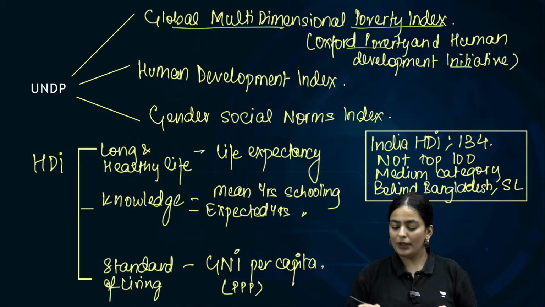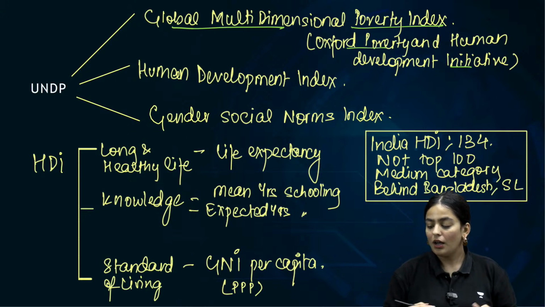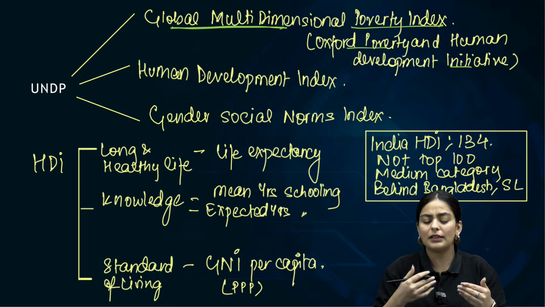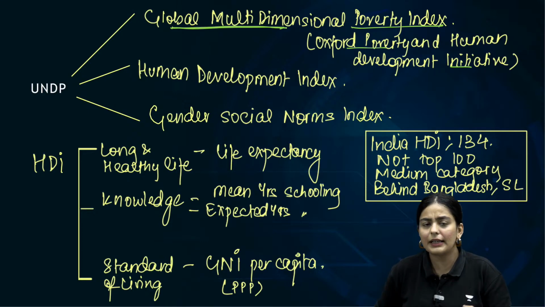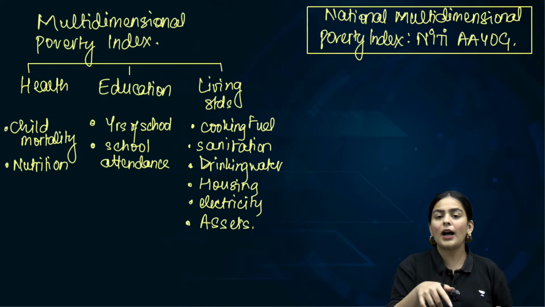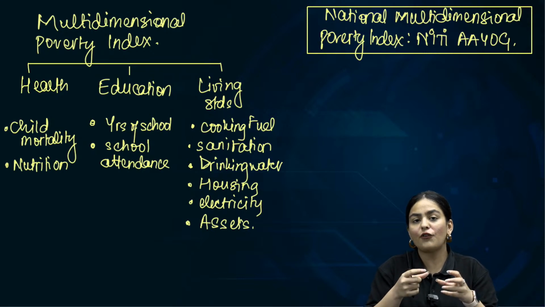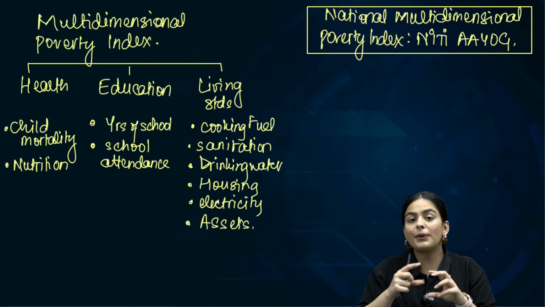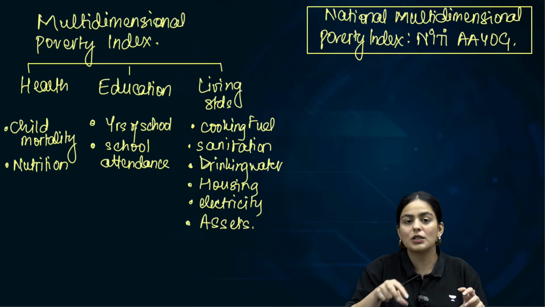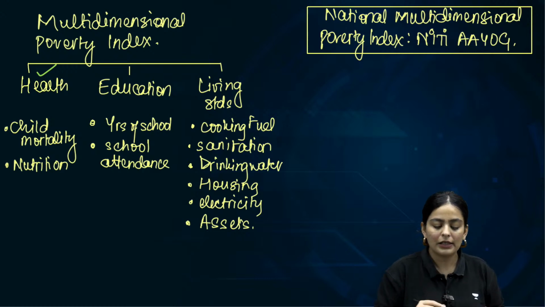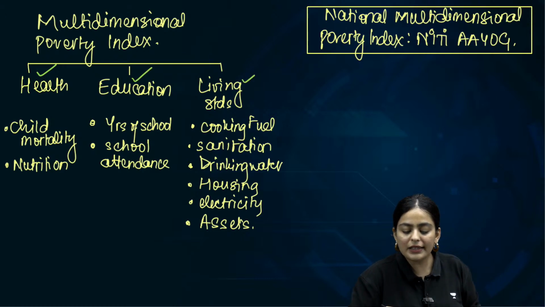Now, what are the parameters they are including, the indicators, the dimensions? They will check if a particular person is deprived on a few parameters, on a few indicators. The big dimensions are health, education, and standard of living.